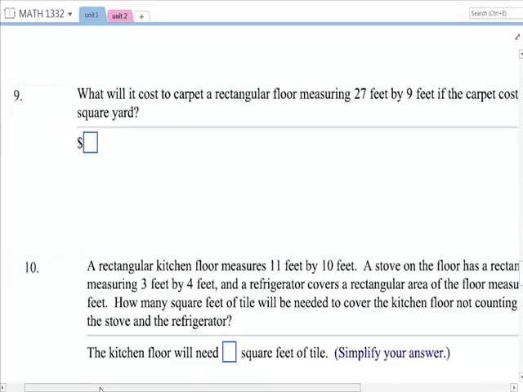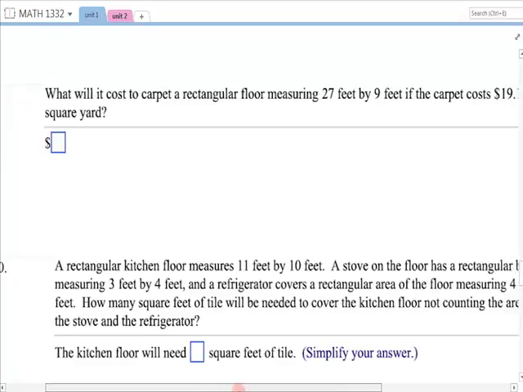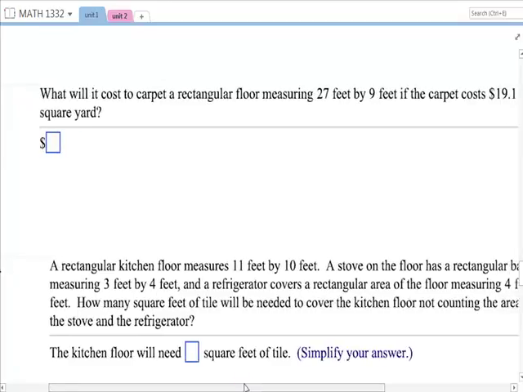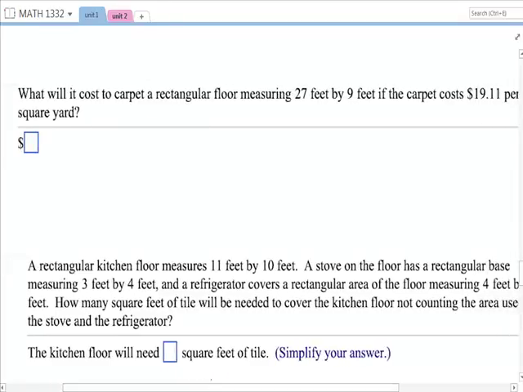Number 9. What will it cost to carpet a rectangular floor measuring 27 by 9 feet if the cost of the carpet is $19.11 per square foot? Well, this is very normal. You're going to go get some carpet, and just make sure when they give you the cost per square, wait a minute.